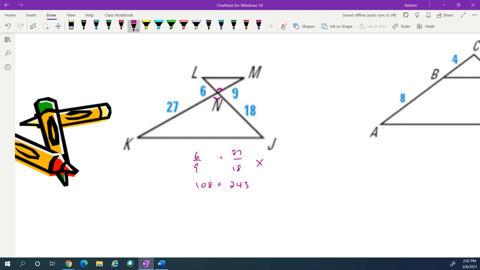So that didn't work. But I might have to deal with alternate interior angles. So this is really not the way to do it. What we want to think about are the idea of alternate interior angles. So the 6 over 9 really corresponds to 18 over 27.